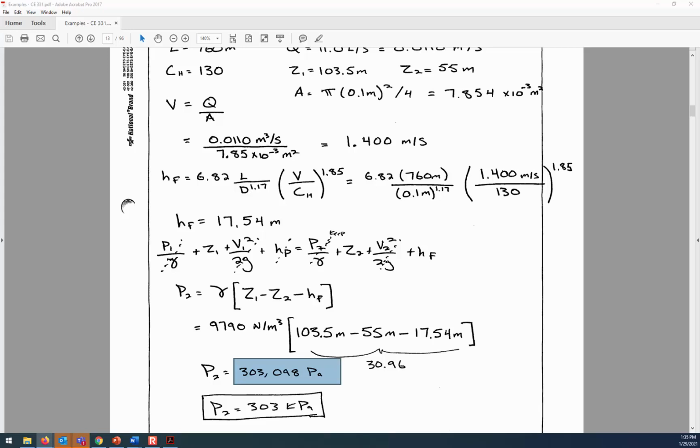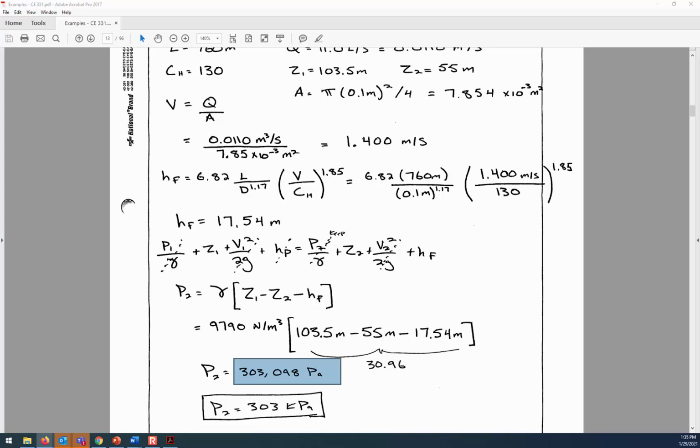Let's just find out what's the magnitude of the velocity head. So if we have the velocity is 1.4, so that's 1.4 squared divided by 2g, so that's 2 times 9.81. So that should be 0.1 meters of head.